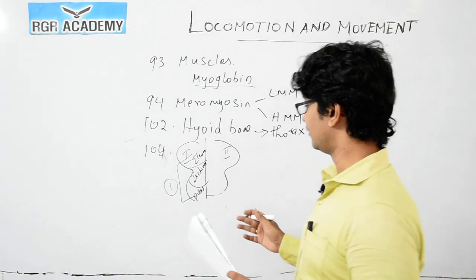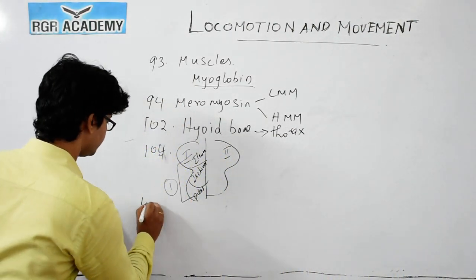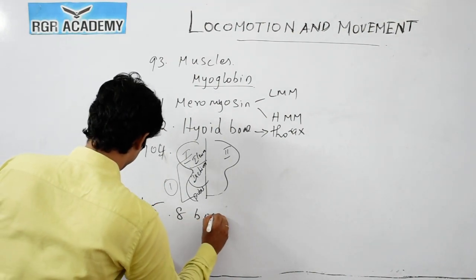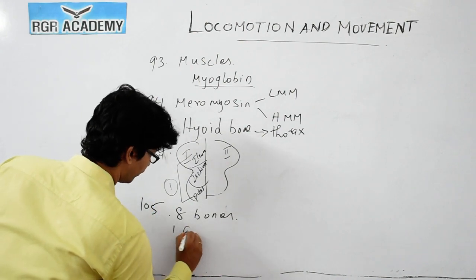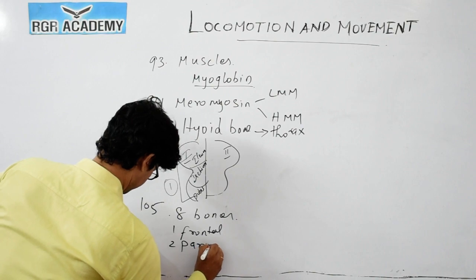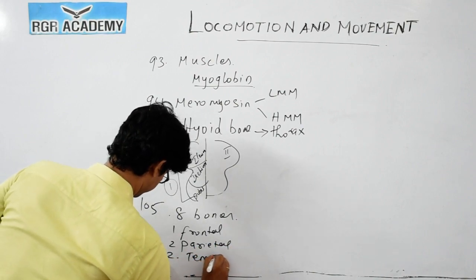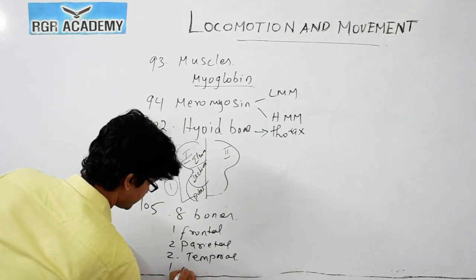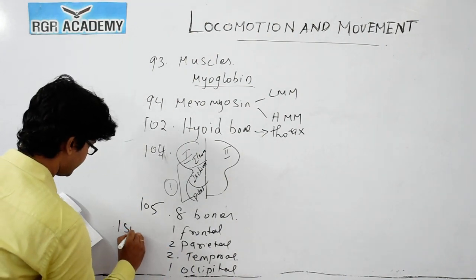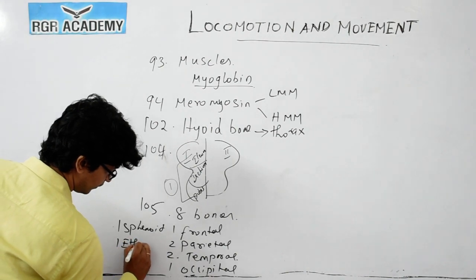What are the divisions as far as question 105 is concerned? Out of the 8 bones, you could see one frontal bone, 2 parietal bones, 2 temporal bones, 1 occipital bone, 1 sphenoid bone and 1 ethmoid bone.